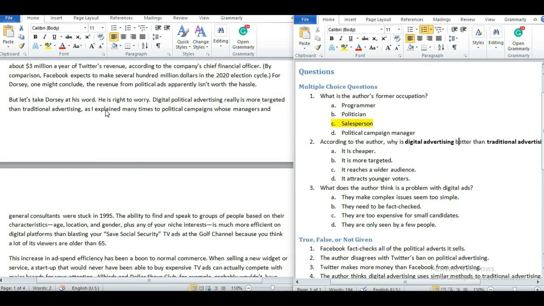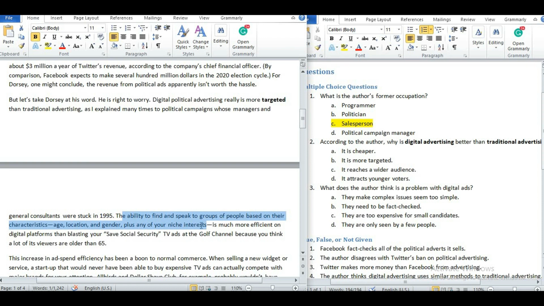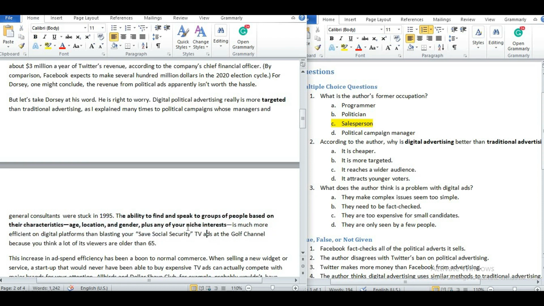So what can we see in this passage that matches up to this? Is there anything about being cheaper? Well, there's nothing really about being cheaper here. What about being targeted? Well, yes, we can actually see targeted here. And we've got this section, the ability to, well, basically this whole section here also means targeted.